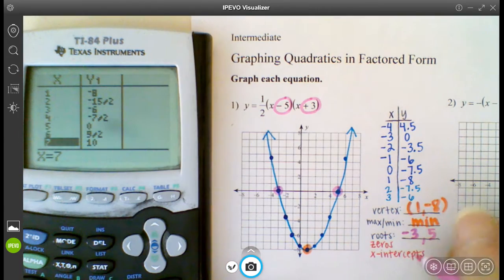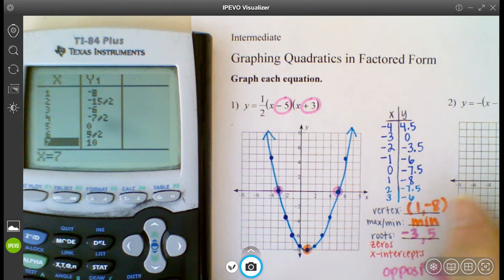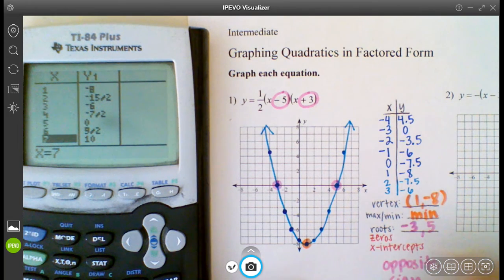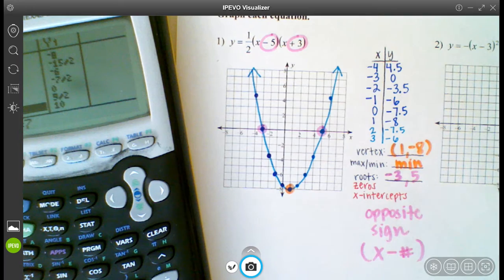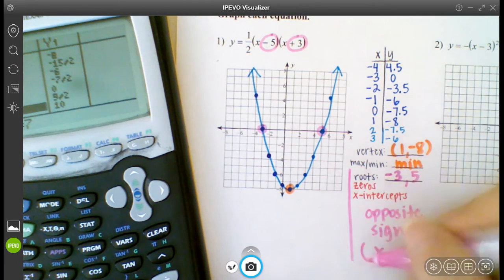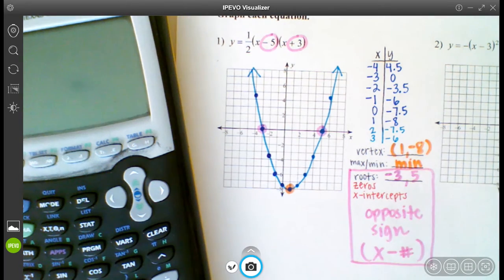So something you may make a note of is take the opposite sign from inside the parenthesis. It would make it a lot easier for you. And that works with roots or our x-intercepts or our zeros. All right, so let's try another one.